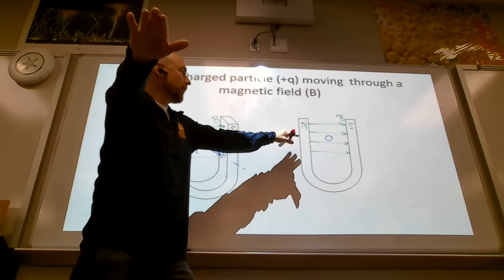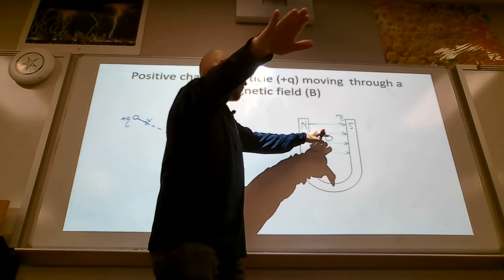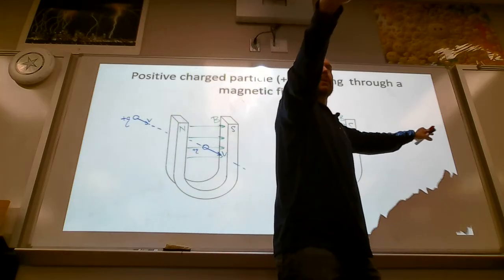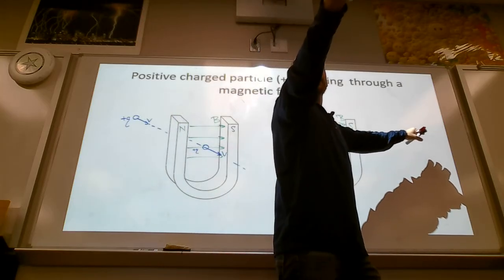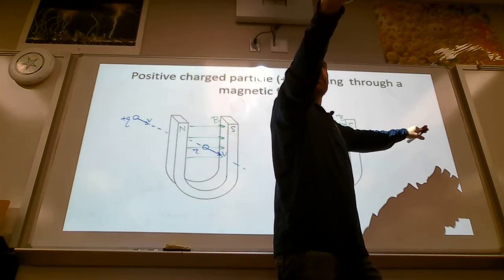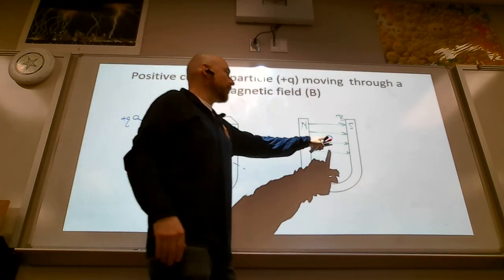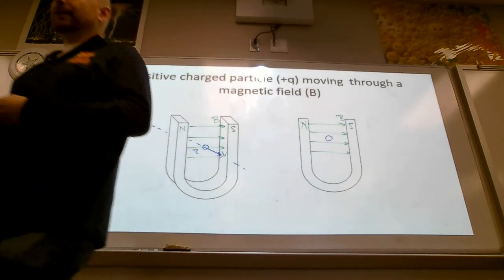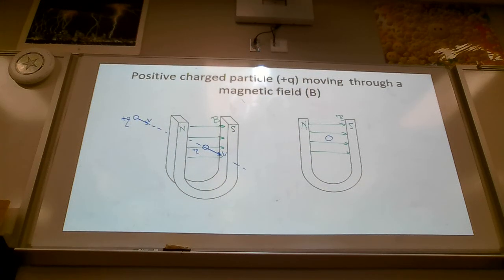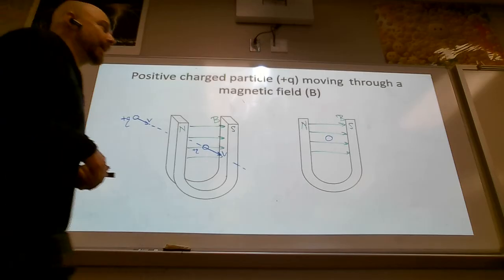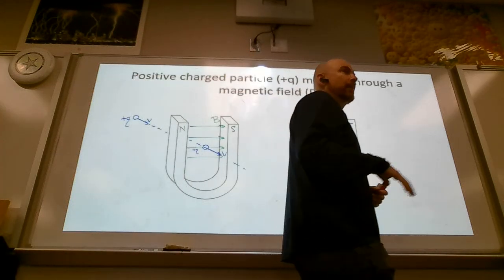Okay, so how would I draw this? Here is looking this way. Does that make sense? Just drawing it two-dimensionally. What should I put here? Circle with a dot or circle with an X for velocity? Is the velocity coming at you or going away from you?